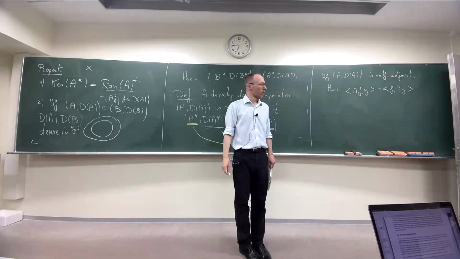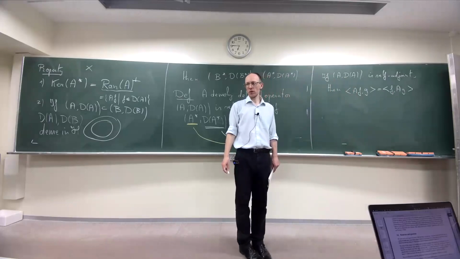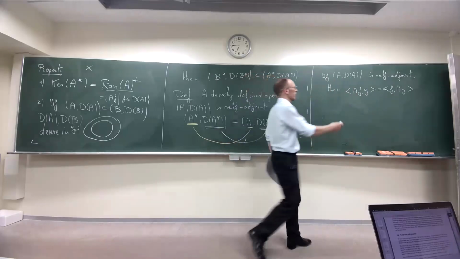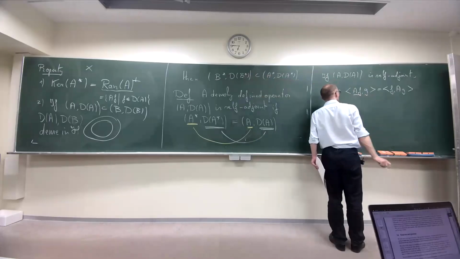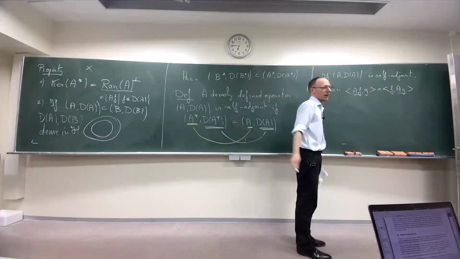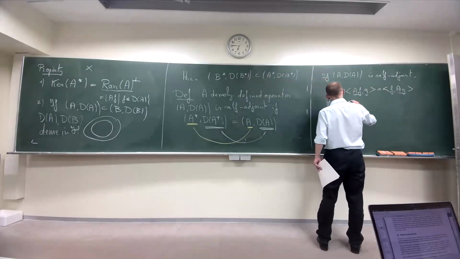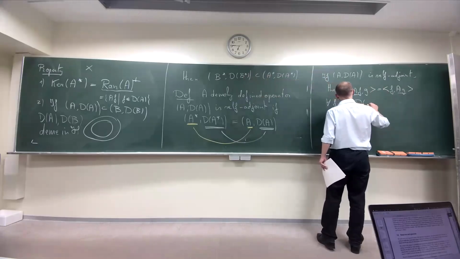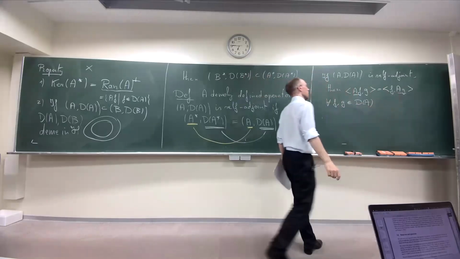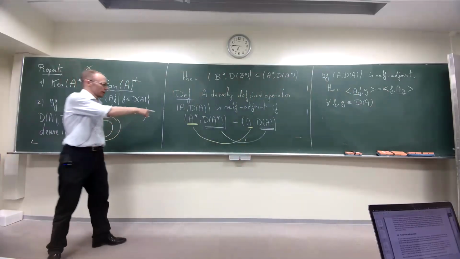But who are f and g, or where do they belong? They have to be in the domain. Otherwise, if f is not in the domain of A, this is not well defined. If g is not in the domain of A, this is not well defined. So this has to be true for any f and g belonging to the domain of A, which is also the domain of the adjoint.